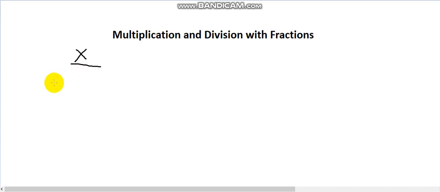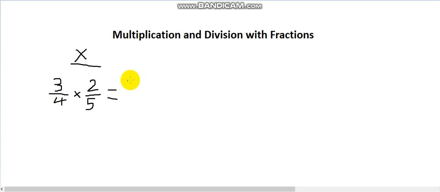Let's say I have a multiplication between two fractions. That's the first case. I'm multiplying two fractions. Let's say I'm multiplying 3/4 by 2/5. What I'm going to do to solve this multiplication is multiply the numerators with the numerators and the denominators with the denominators.